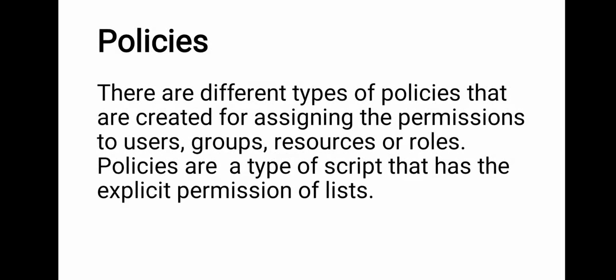Policy is an object in AWS. It is an object that is associated with an identity or resource which defines the permissions. These types of identity-based policies include AWS managed policies, customer managed policies, inline policies, etc. And also in this case, by default, all the requests are denied.